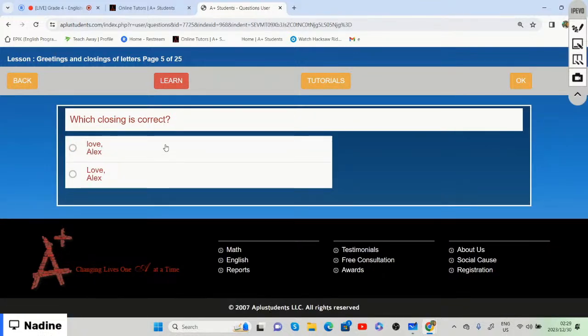We need to say which closing is correct. A closing is how you end something, in a letter or in a conversation. So which closing is correct? Option one, "love Alex," or option two, "Love, Alex"?